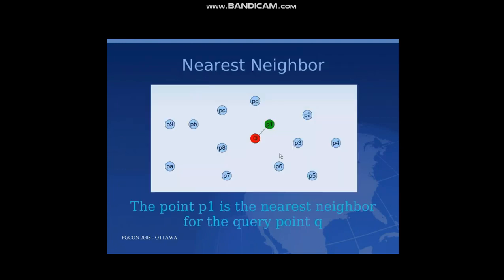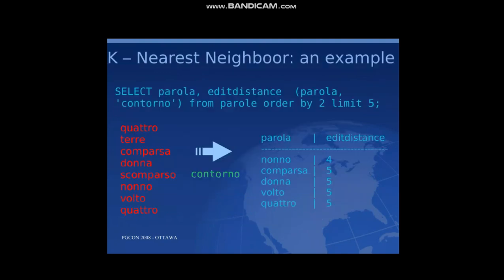Nearest neighbor. The point P1 is the nearest neighbor for the query point Q. K nearest neighbor, an example: SELECT parola, distance(parola, 'contorno') FROM parole ORDER BY 2 LIMIT 5.